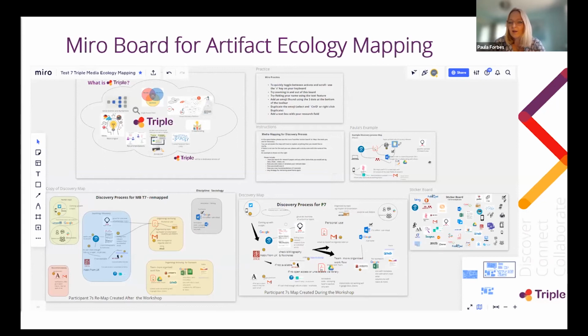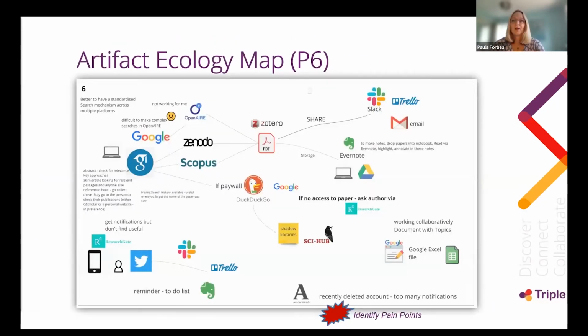Okay. So this is a closer view of one of the maps that were produced. You can see here, participant 6. It was quite nice in capturing the vast number of different tools that researchers are using and some of the various pain points along the way. For example, I think this researcher was saying it was quite difficult to make complex searches in one of the platforms.